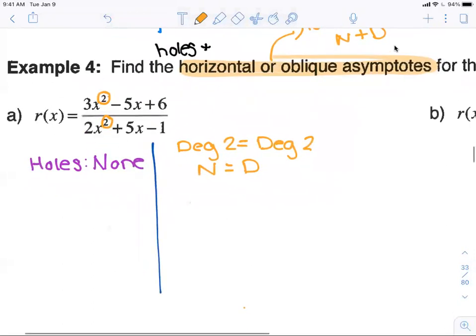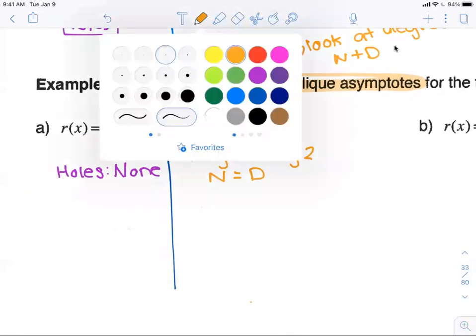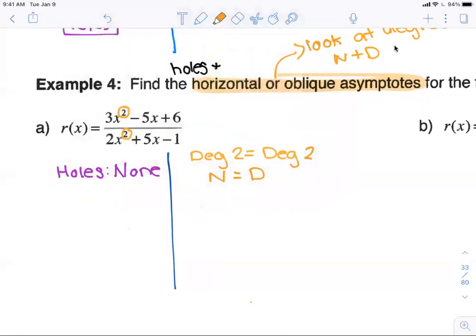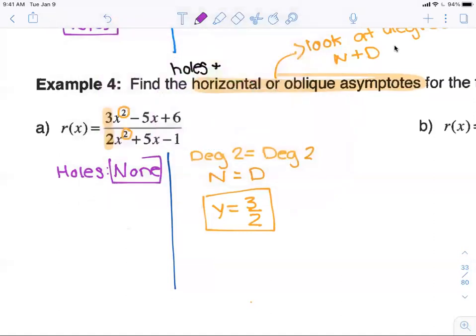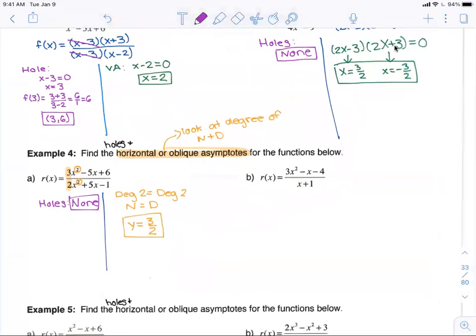When that happens, you take the leading coefficients. That's what it says back in the directions, if you go back and read it. So that's 3 over 2. So your answer is y equals 3 over 2. Horizontal, hoi, y equals. That's why that one is y equals, okay? Done. That's all you have to do for that one. You have no work. You either know it or you don't.